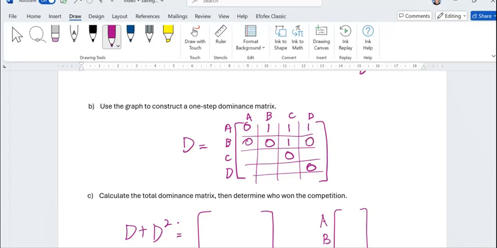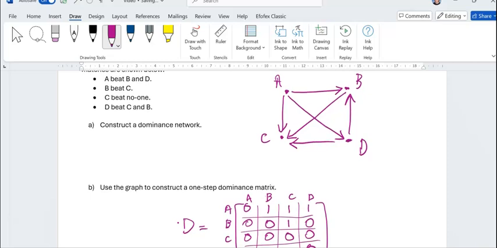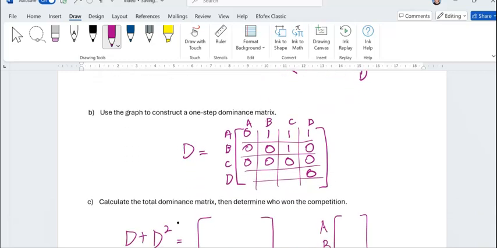We're told in the question C beats nobody, so we can put the zeros in there. And from our network, we're looking for who D beats, and D beats B and C, not A. So we can put our ones and zeros in accordingly.